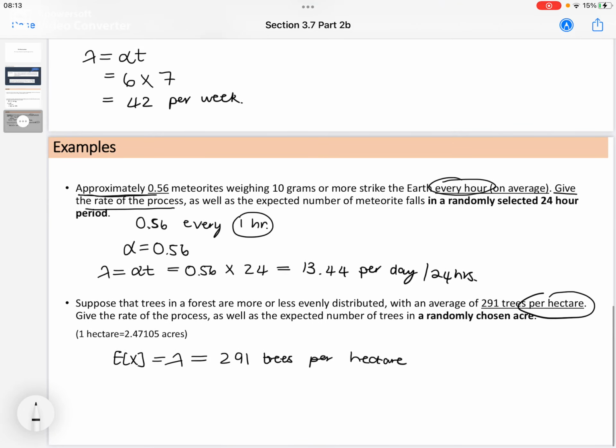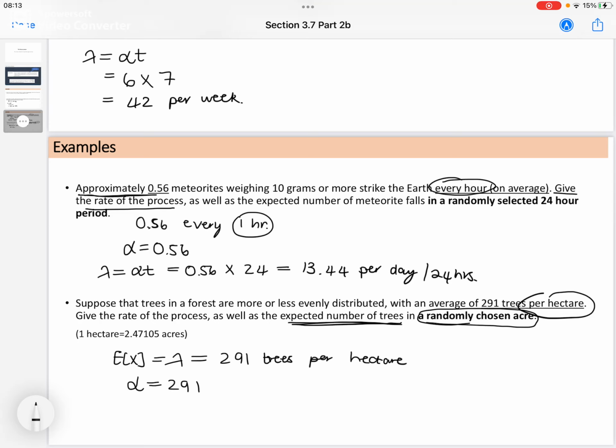All right. Now the Poisson process says that lambda will change at a rate of alpha equal to 291 trees per hectare. And so for a given space, in this case, we want to know what is the expected number of trees in a randomly chosen acre.